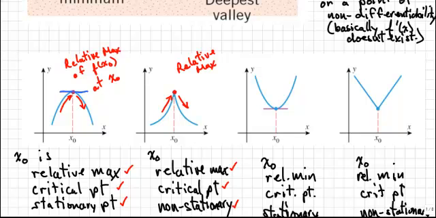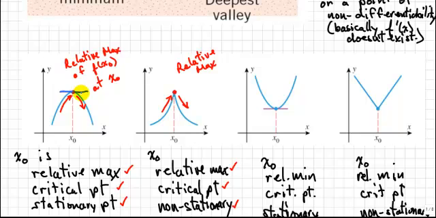That's a stationary point. Remember, our first derivative is our rate of change. It's stationary because if the first derivative is 0 at that particular point on the graph, the instantaneous rate of change is 0. It's not changing. It's stationary, just for that little microscopic blip.